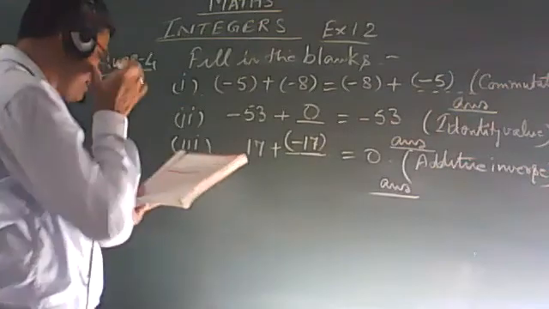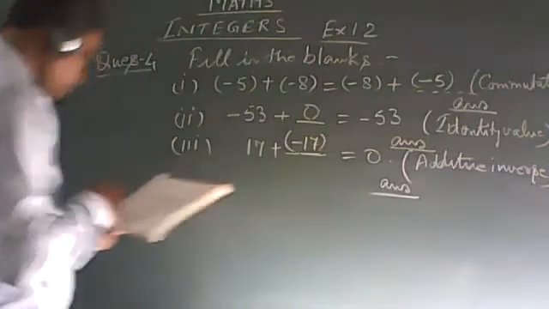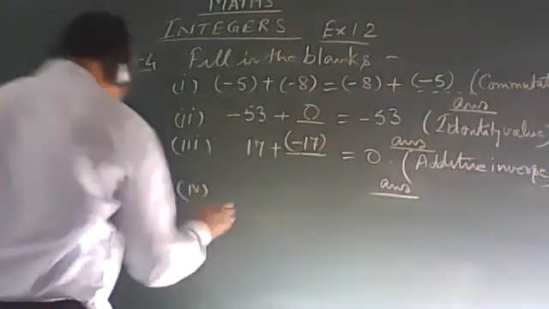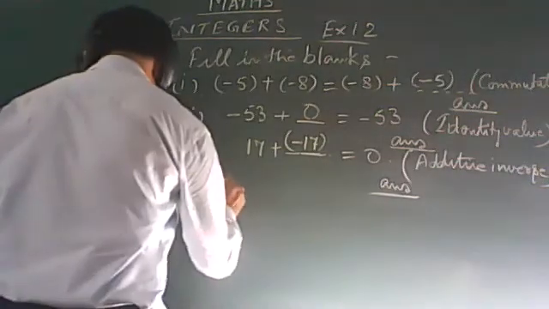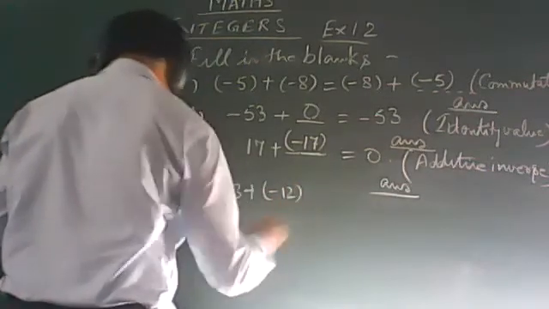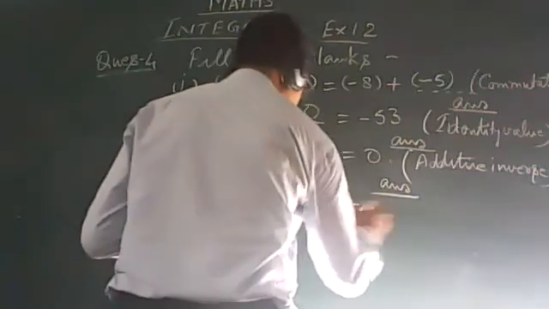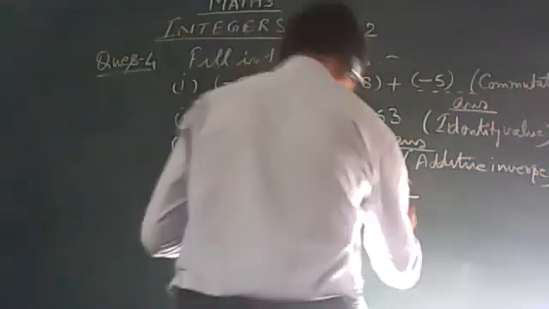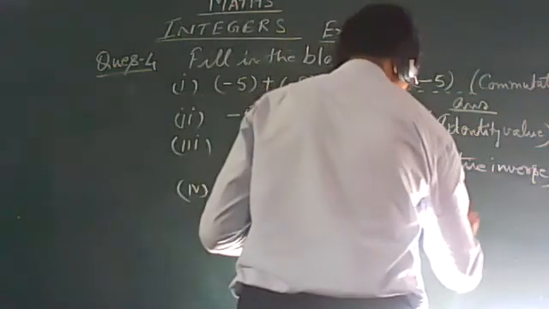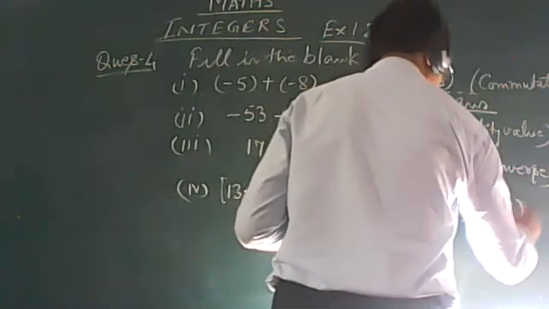Now, the fourth part of this question. The fourth and fifth parts are both the same kind of question, so we only solve the fourth part. Fourth part is 13 plus -12 plus blank equals 13 plus -12 plus -7.